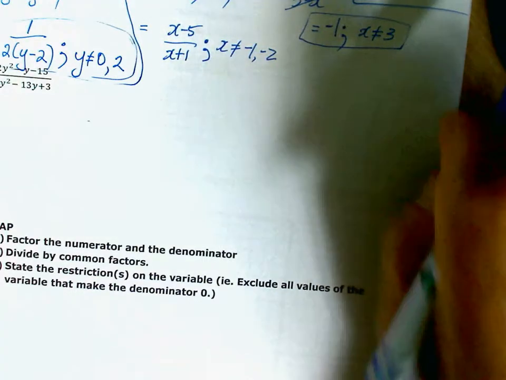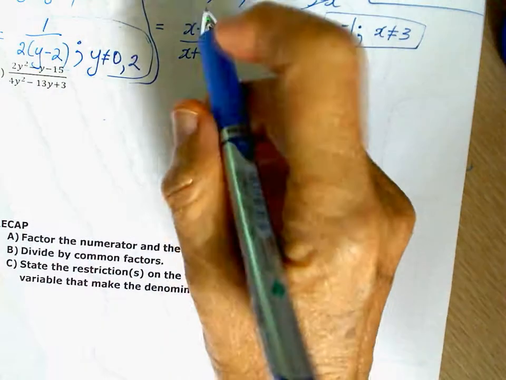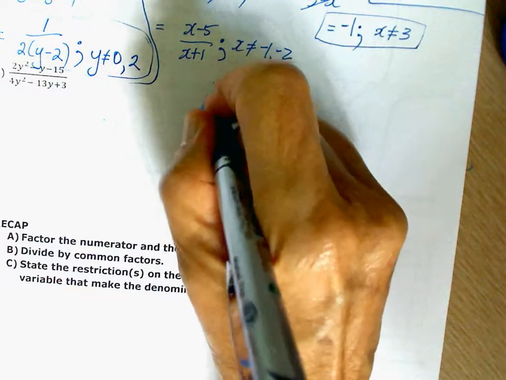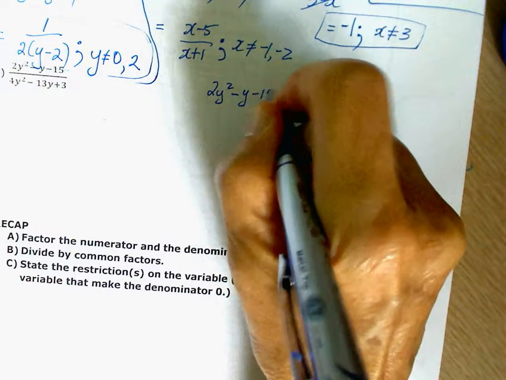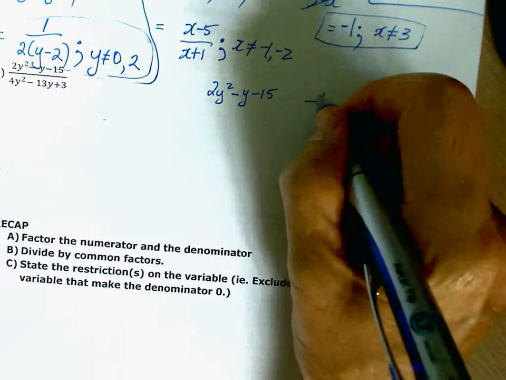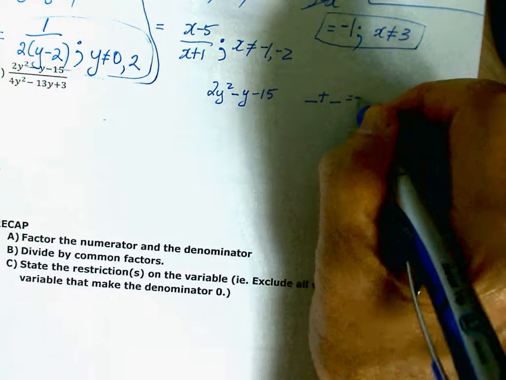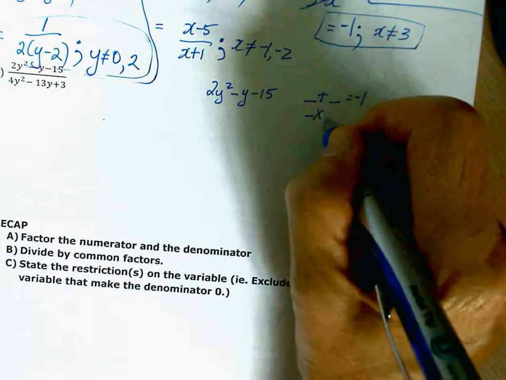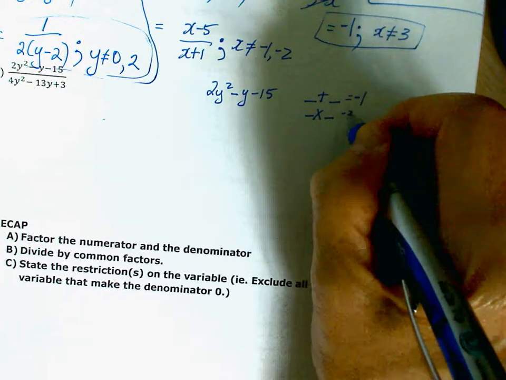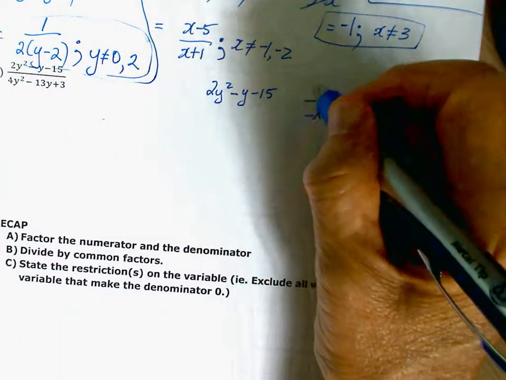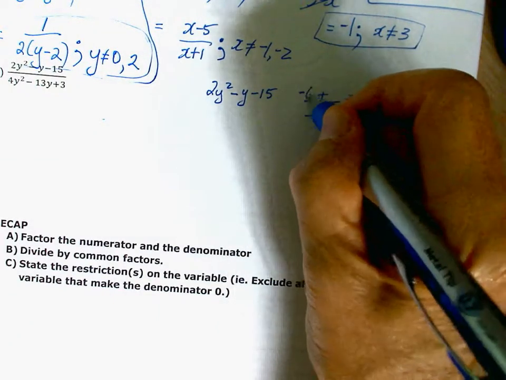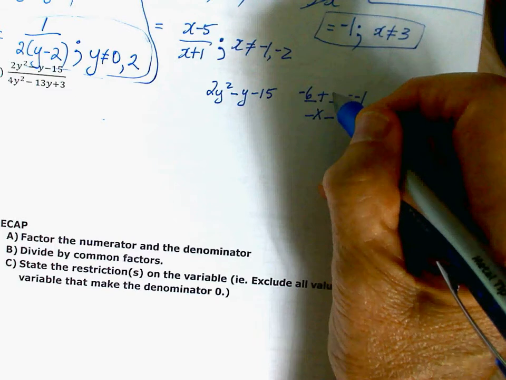Okay, so we have 2y squared minus y minus 15. We need two numbers that add together to give negative 1, and multiply together to give negative 30. That looks like negative 6 and 5.